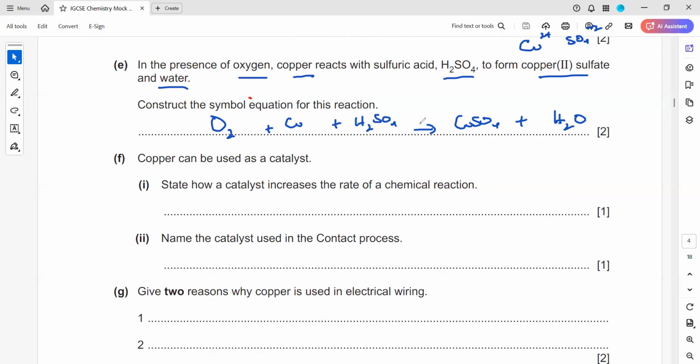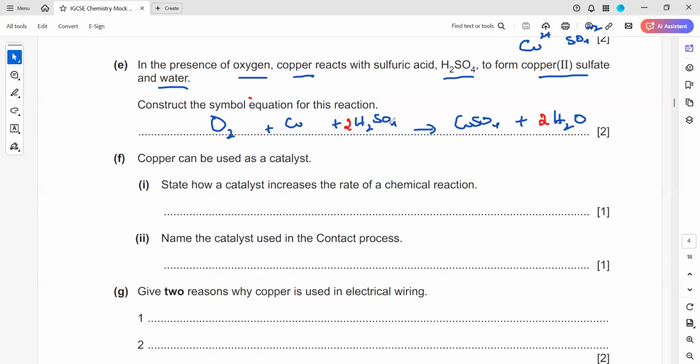So we have to balance oxygen. How many oxygen are there? 4 and 2. I need 6 on the other side, so I will put 2. Oxygen is balanced. How many hydrogen do I need? 2 multiplied by 2 is 4, and here there are 2. If I put 2, hydrogen is balanced, but oxygen is not.